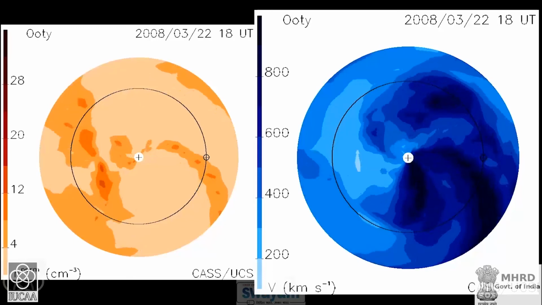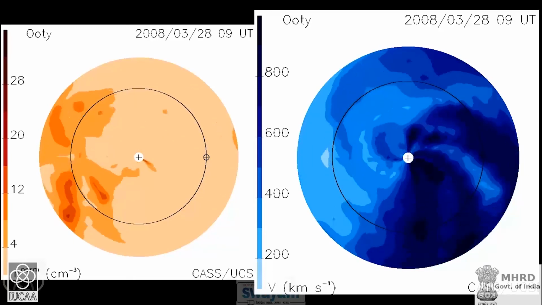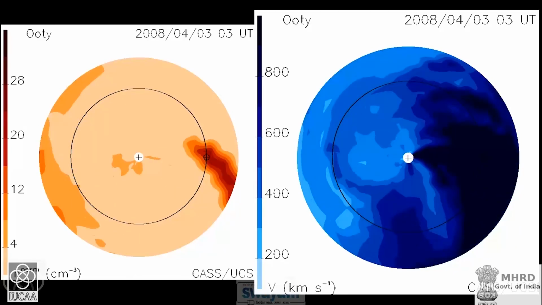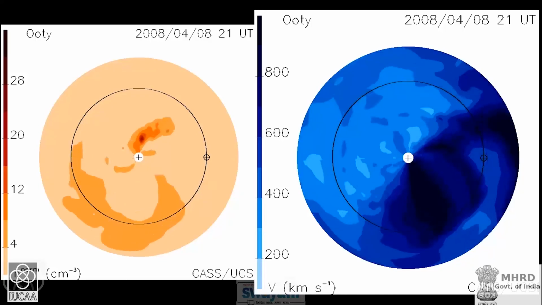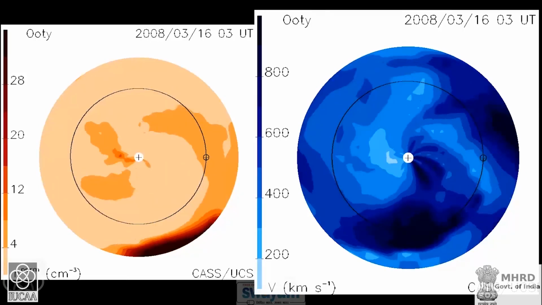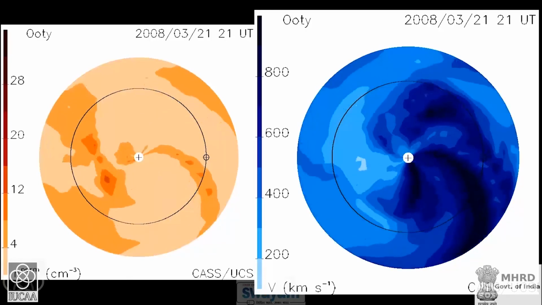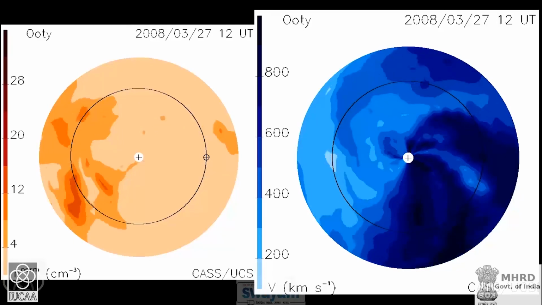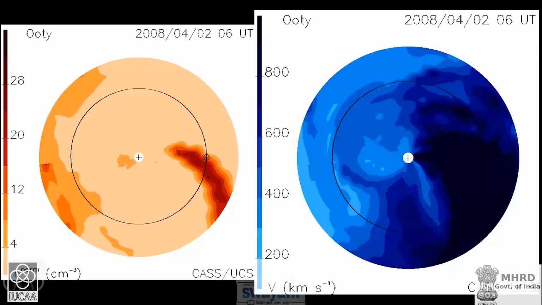For example, this shows the ecliptic view of solar wind density and speed reconstructed from the Ooty observation. The orange plot shows the density, and the blue plot shows the velocity for about one solar rotation. The diameter of this field is 3 AU. You can see small density structures moving away from the Sun along the Parker spiral.